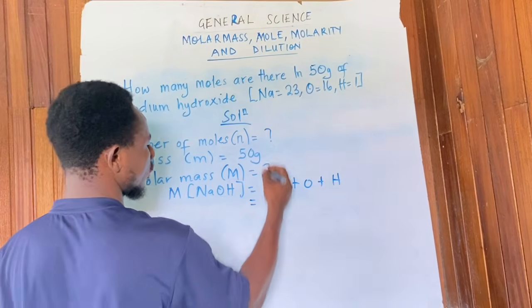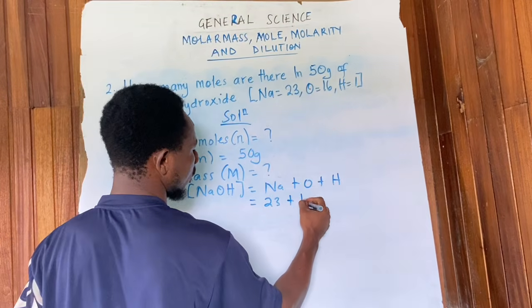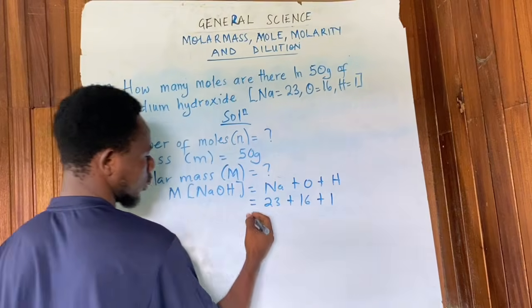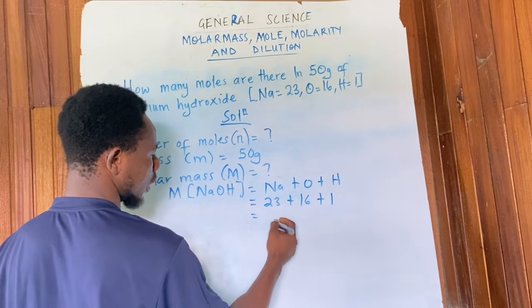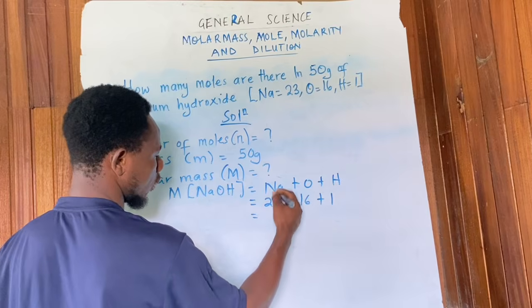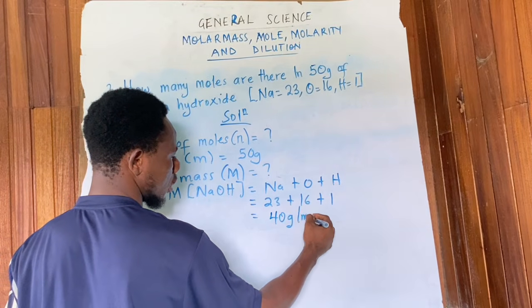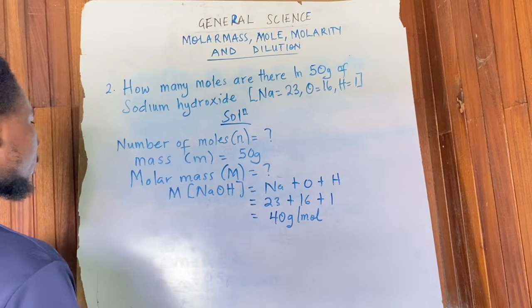Sodium, we're given sodium as 23 plus oxygen 16 plus hydrogen 1. We are going to get 40 grams per mole as the molar mass.